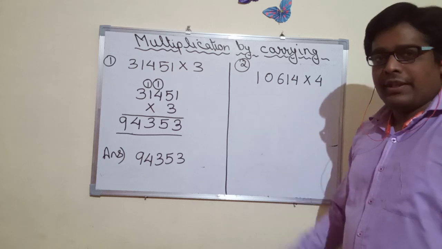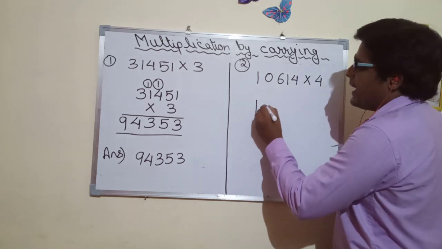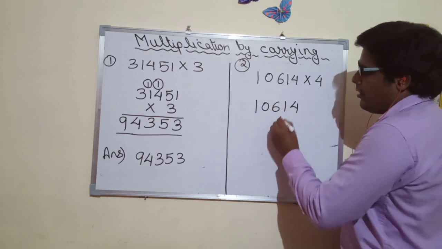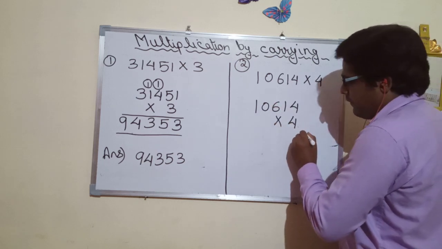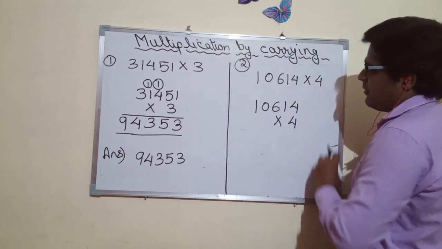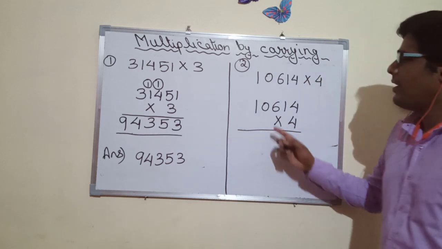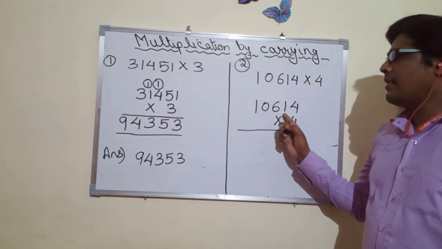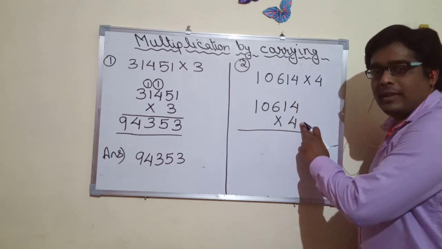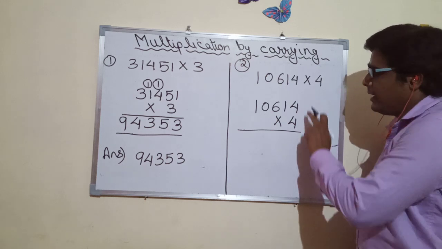Now we'll do one more question. Second question is 10,614 multiplied by 4. First you multiply 4 by the number in ones place of the multiplicand.